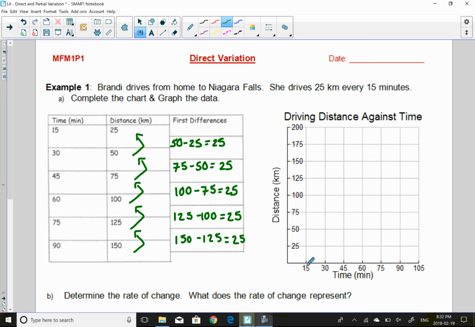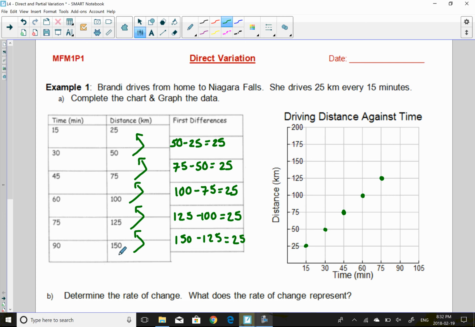When time is 15, distance is 25. When time is 30, distance is 50. When time is 45, distance is 75. When time is 60, distance is 100. When time is 75, distance is 125.